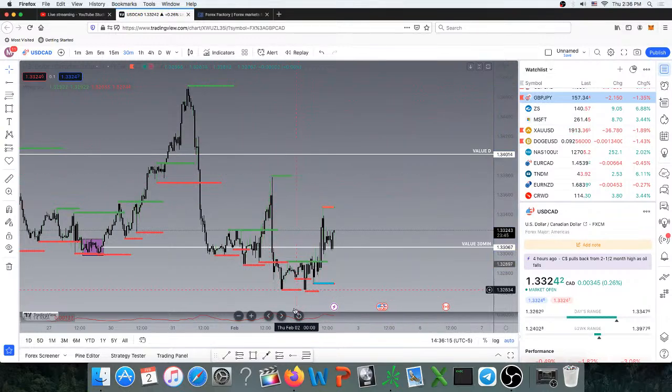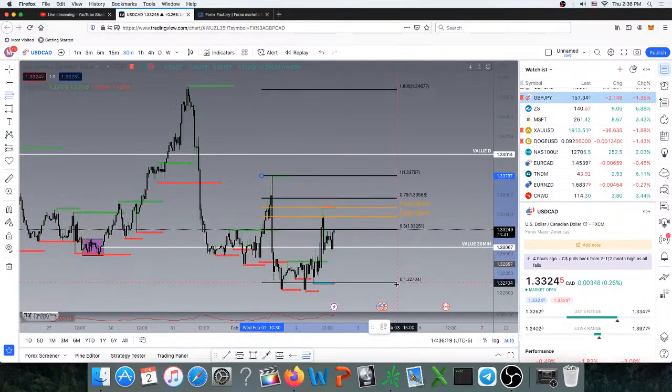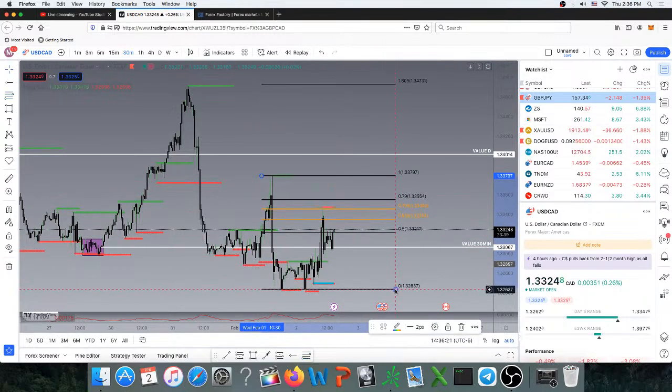Let's take the fibs. Let's see what we got here. Because we are above value, still above value, which is good for sell. We did get a retrace back here to the 70%. It's got a small value here.